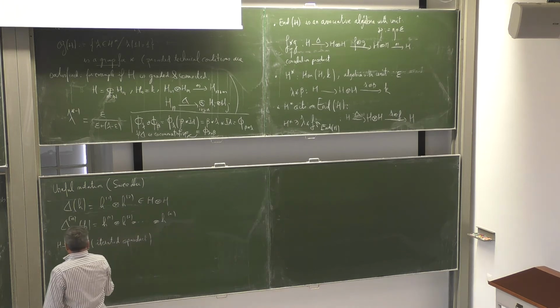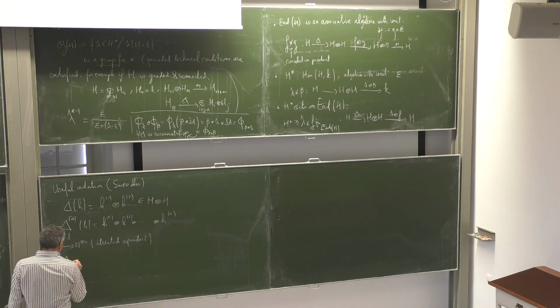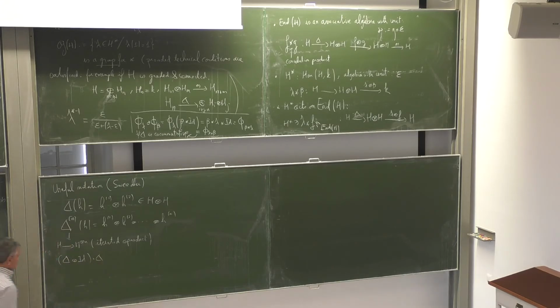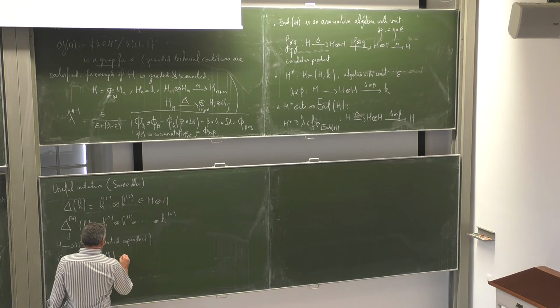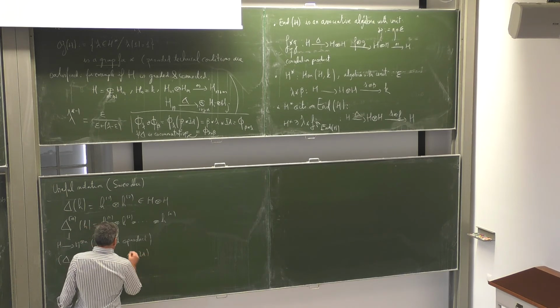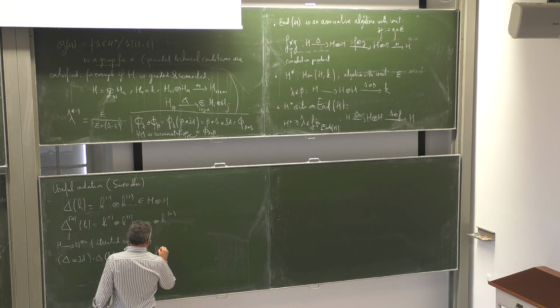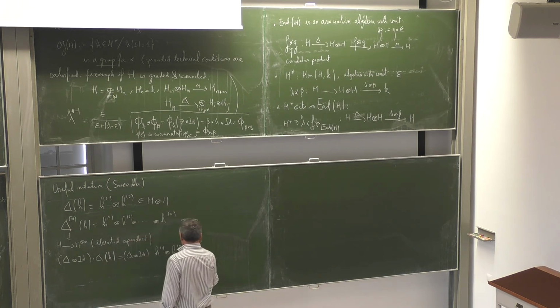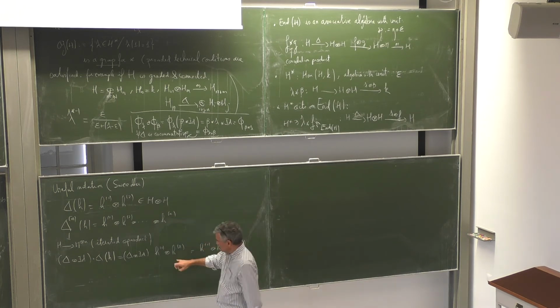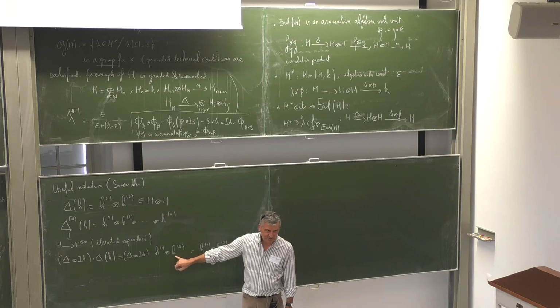And so, for example, I will look at an example. What happens if I look at the co-associativity property? So if I compute this, it is the same as delta tensor id applied to H1 tensor H2. And this is going to be H1 tensor H2 tensor H3. So you see here the kind of things you have to be aware of.